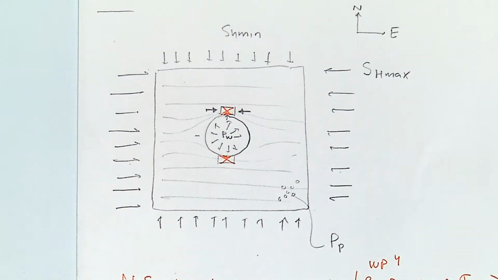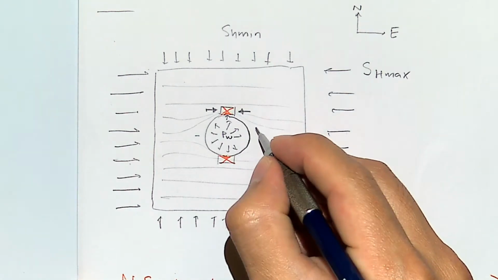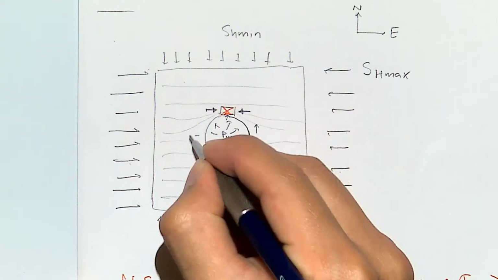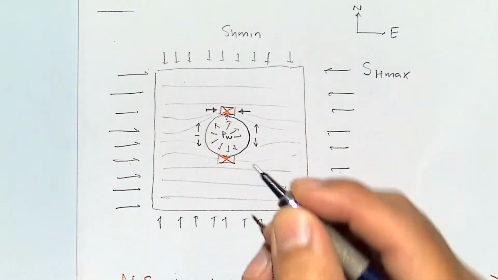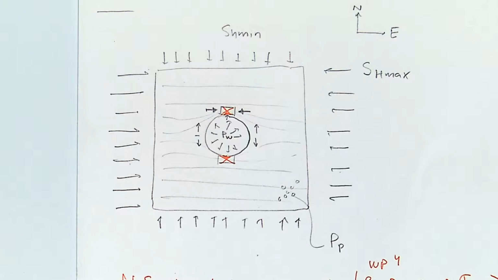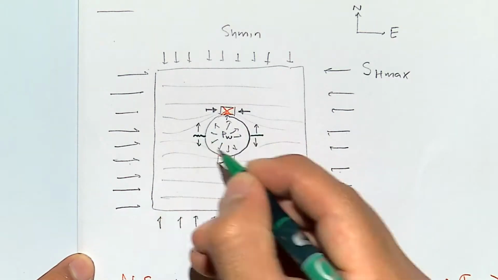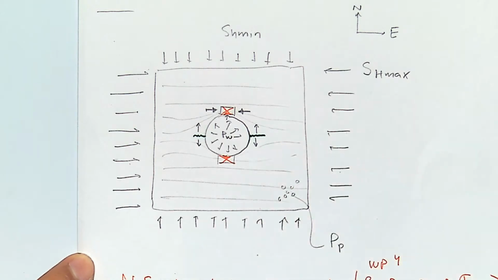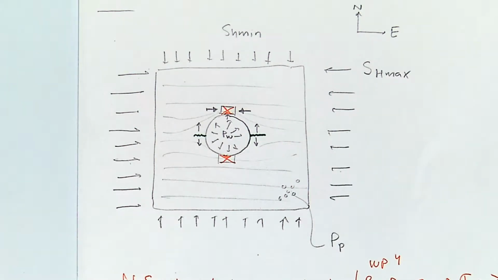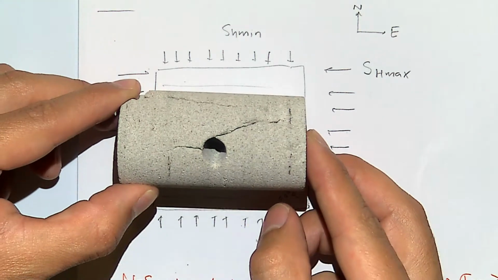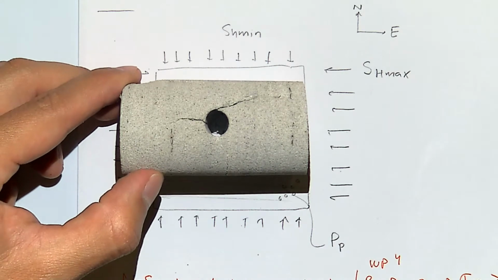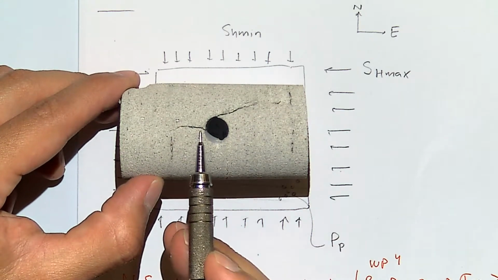They're going to be east-west because if we have tension here and here, a tensile fracture is going to be perpendicular to the direction of that stress and is going to open right there. That tensile fracture is what you see right here.